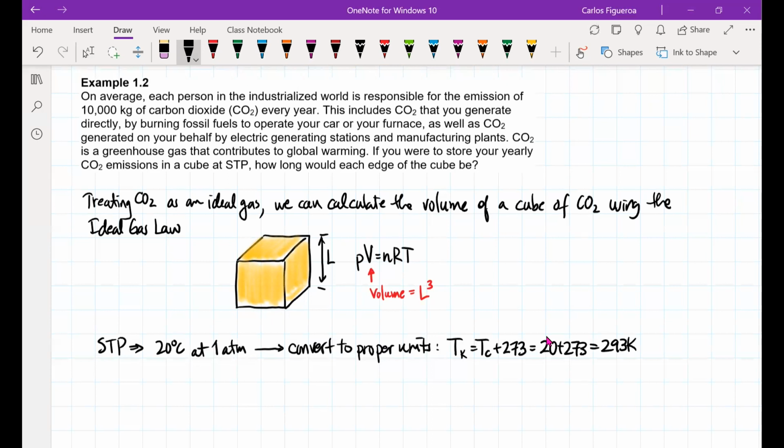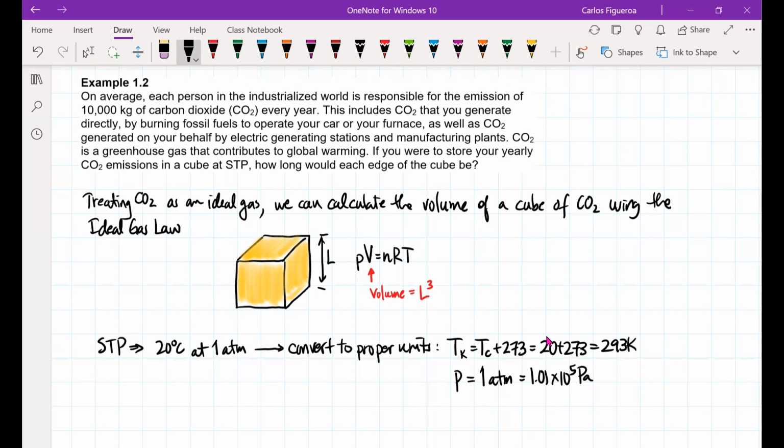And then the pressure, which is at 1 atmosphere, converted into pascals, is 1.01 times 10 to the 5 pascals. So I know the temperature, I know the ideal gas constant, I know the pressure.